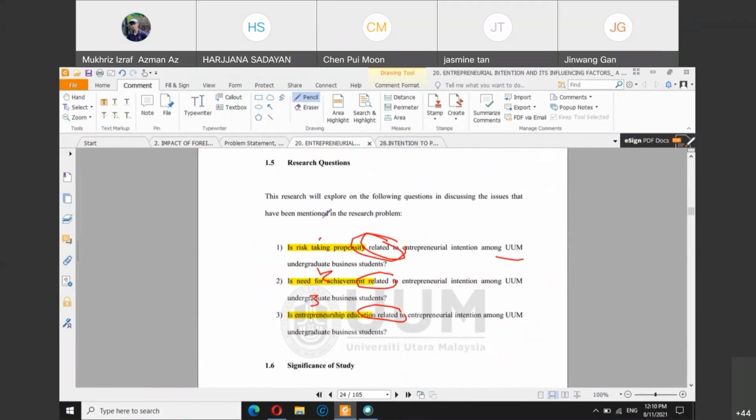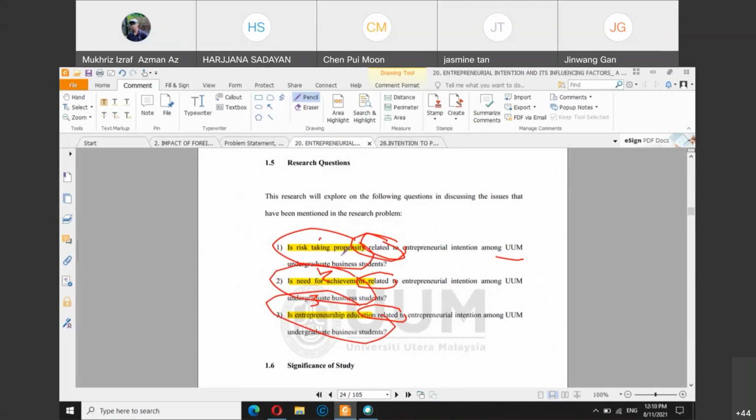One is risk-taking related to intention. Second is the need for achievement, and the third one is education. So there are 3 variables or factors that can affect entrepreneurial intention. These 3 factors, you cannot simply introduce only in the research question.